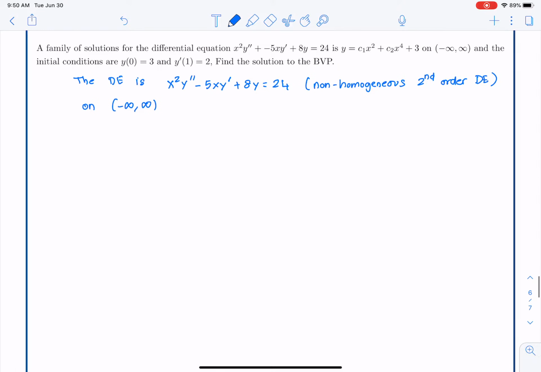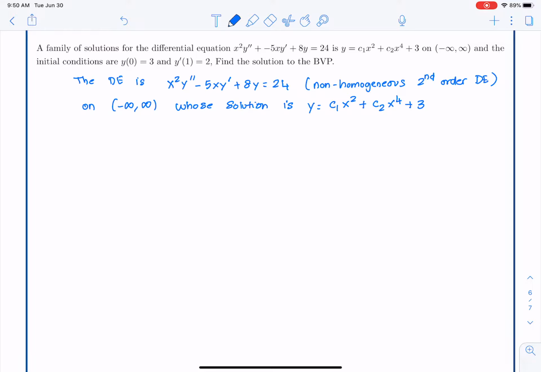In the next video, we will talk about non-homogeneous DEs and the general solution and the particular solution and so forth, whose solution is y equals c1 x squared plus c2 x raised 4 plus 3.